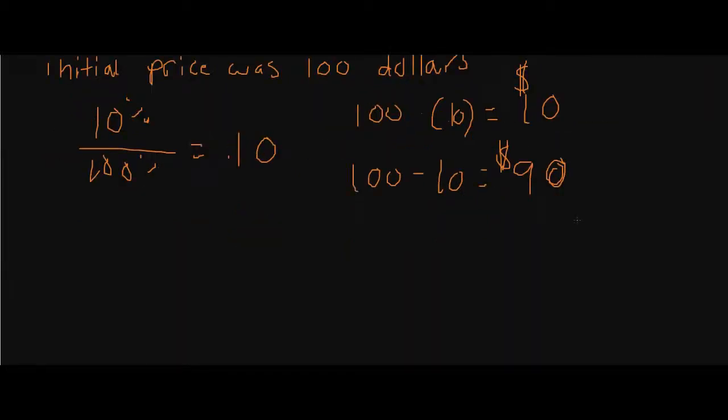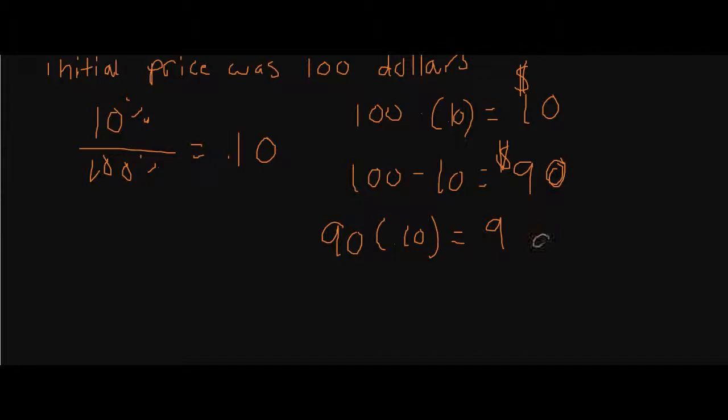Well, we need to take the $90, because after the first year it is worth 90, so now we take the 90 and we need to multiply it by 0.10, which is 10%, to find out how much it's going to lose the second year. Well, if we do that, it's going to lose $9.